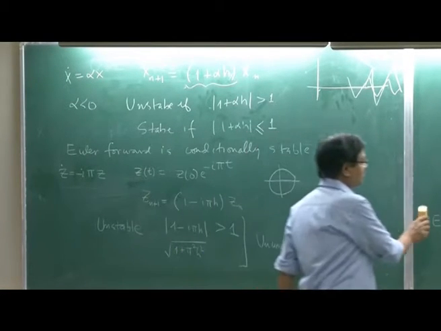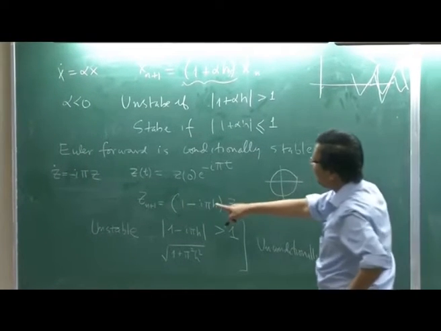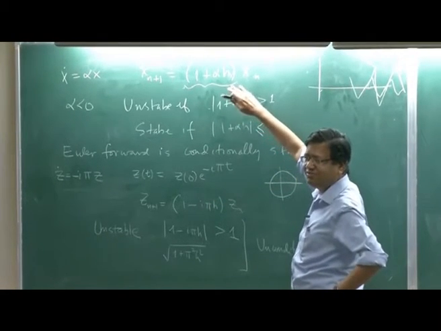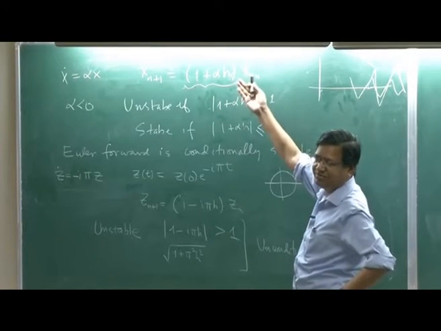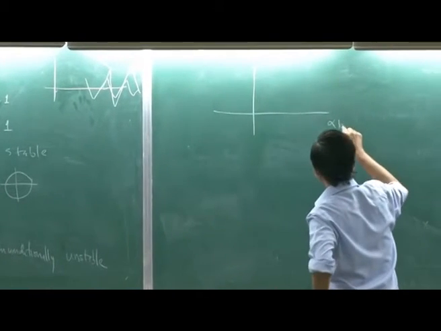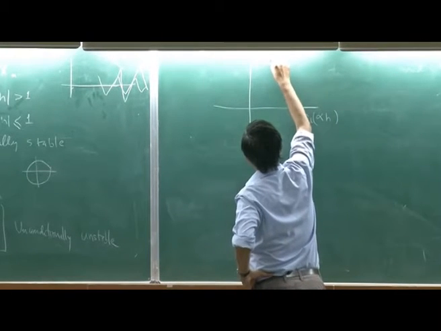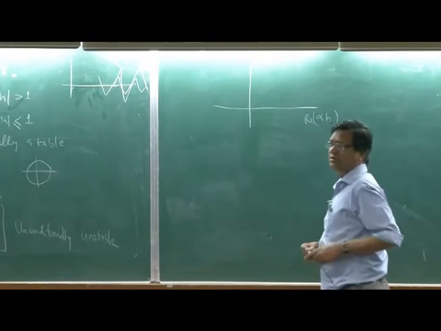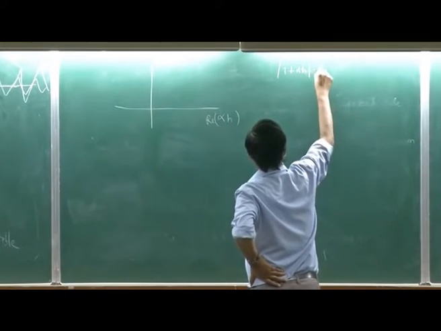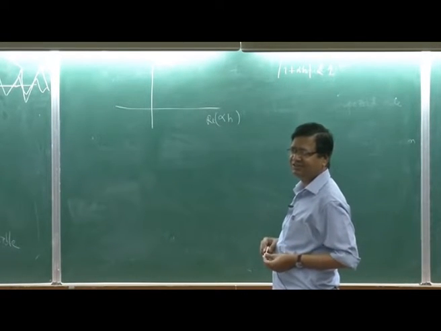We can write down this for particular alphas. This alpha is positive, but this condition we can write down in terms of arbitrary alpha, and you can sketch it. So what will the condition be? I want to draw alpha h real, alpha h imaginary. So I am demanding that the modulus of 1 plus alpha h is less than 1. So what does it translate to for alpha h?